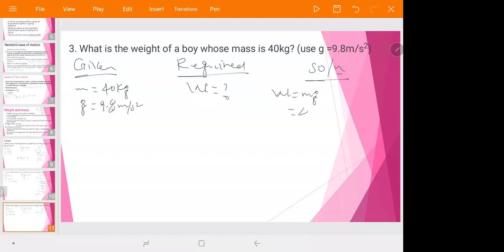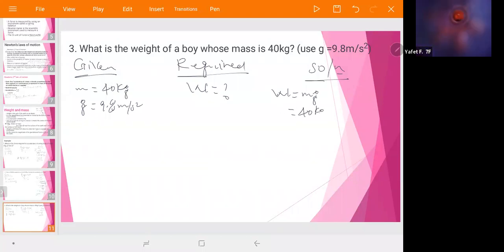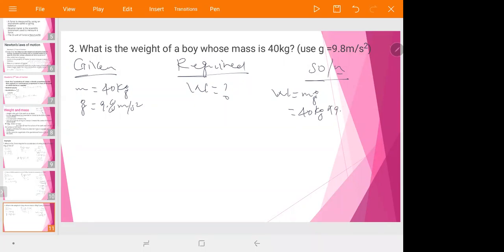Therefore, 40 kilogram times 9.8 meter per second square.